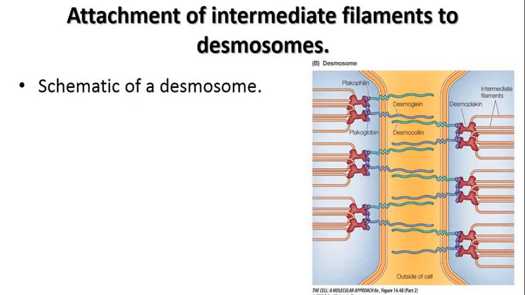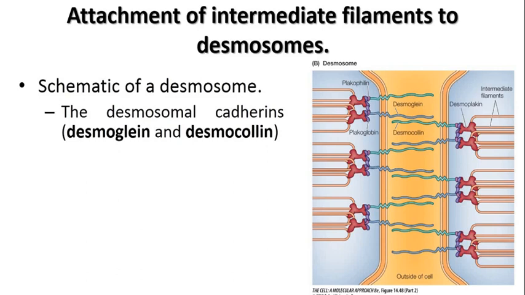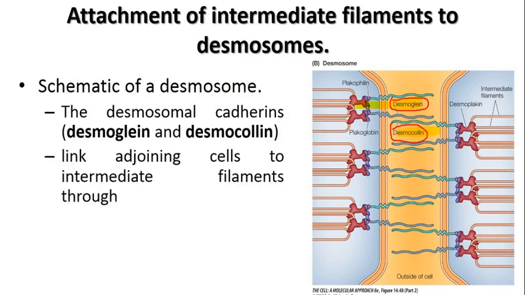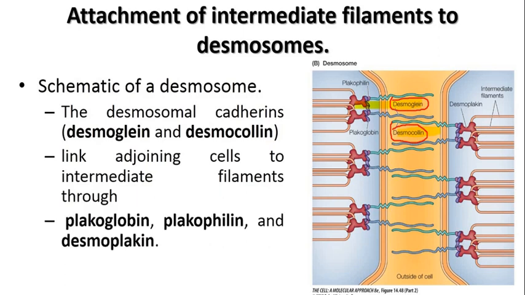This is the schematic representation of desmosomes, where the desmosomal cadherins, that is desmoglein and desmocollin, link the adjoining cells to the intermediate filaments. How do they link? Through plakoglobin, plakophilin and desmoplakin.